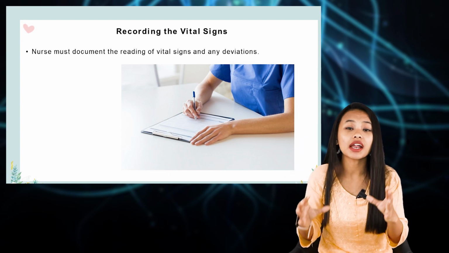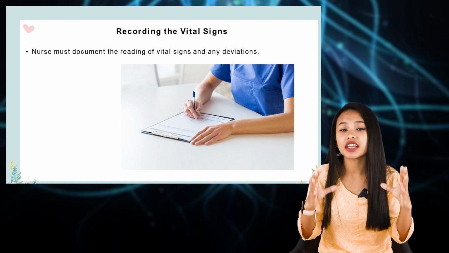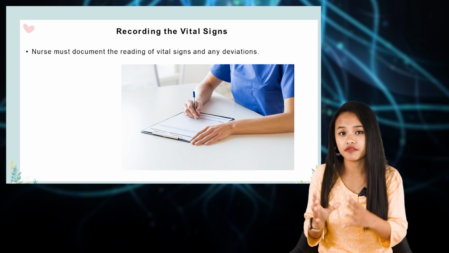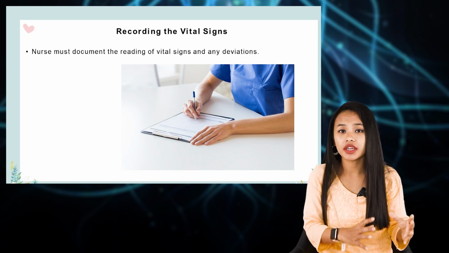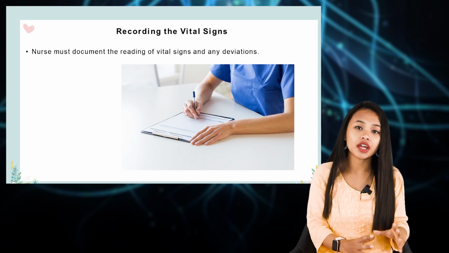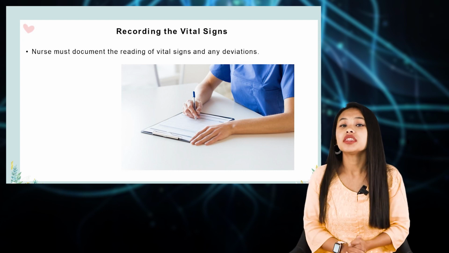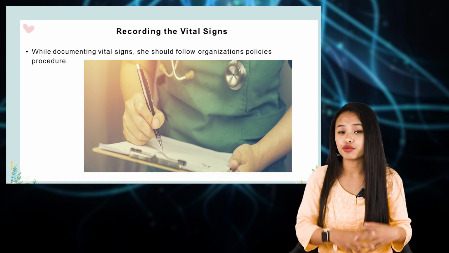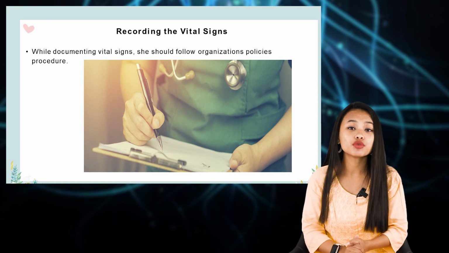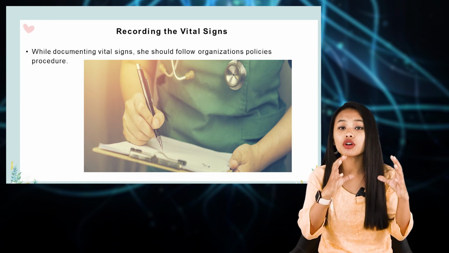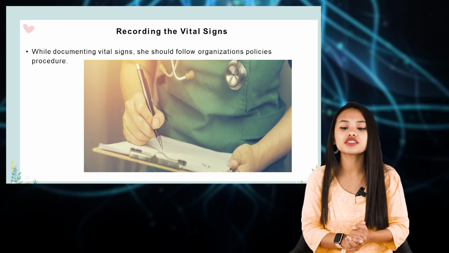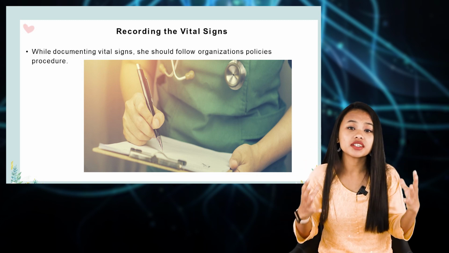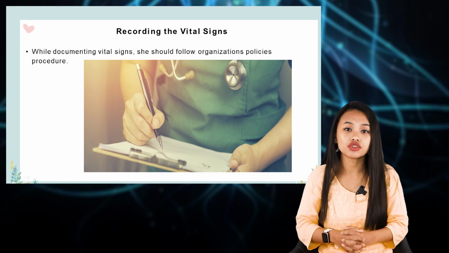because as I've said, these vital signs are the basic indication of the health of an individual. So by recording it, by assessing it every time, if there is any deviation, then we can find this out easily. And also, we as nurses, whenever we document these vital signs, we should make sure that we do it according to the policies as well as the procedures that the organization wants you to.